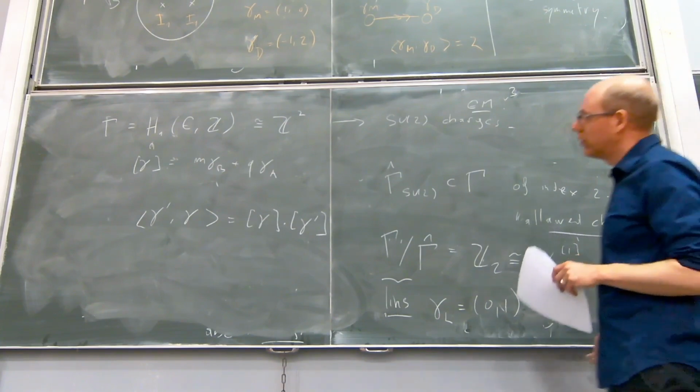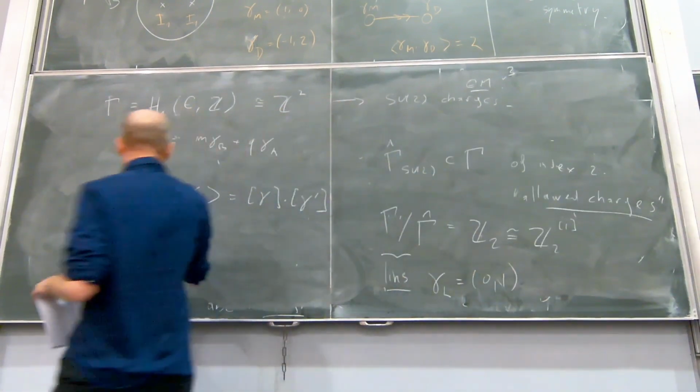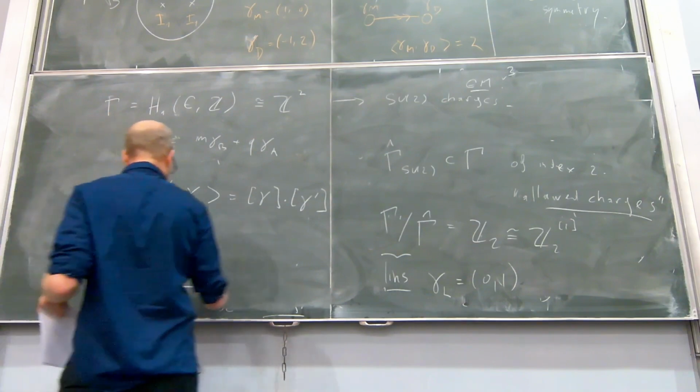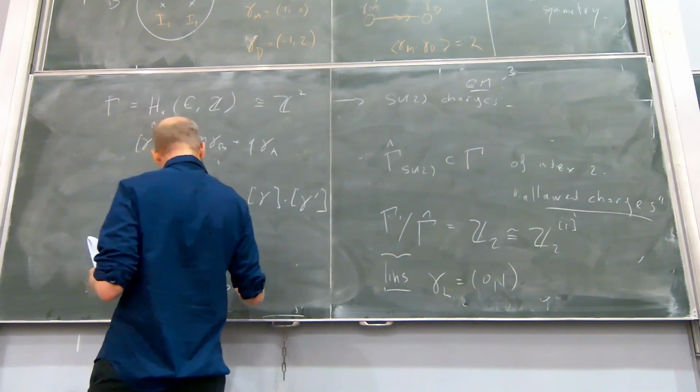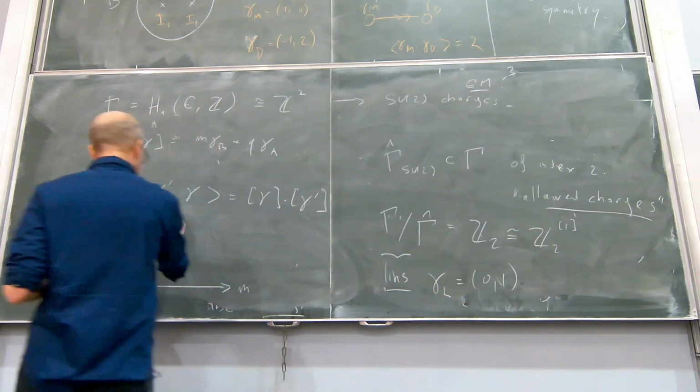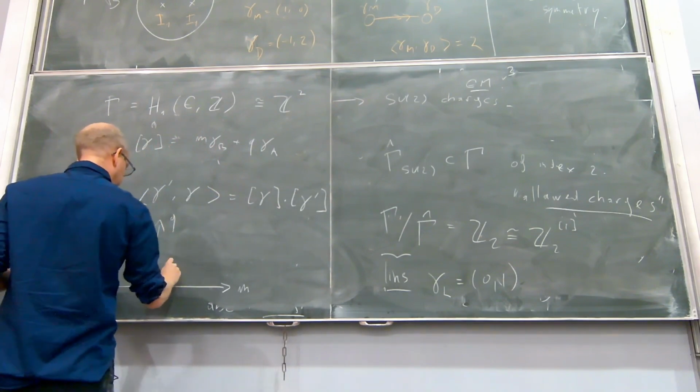Let me also write the same story here with a lattice, maybe that's useful. So this is magnetic and electric charge, Q. So you have a Z2 lattice.